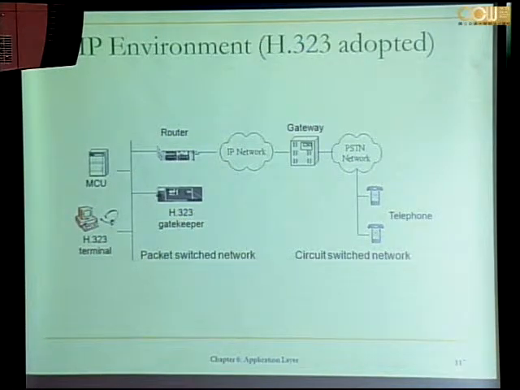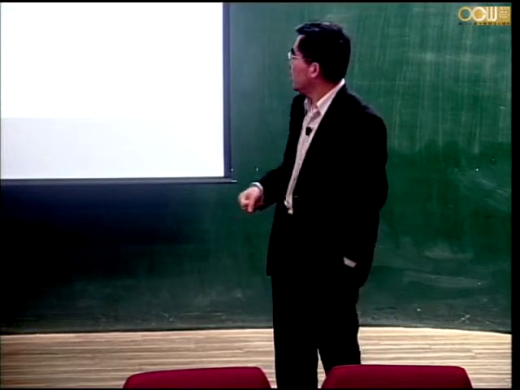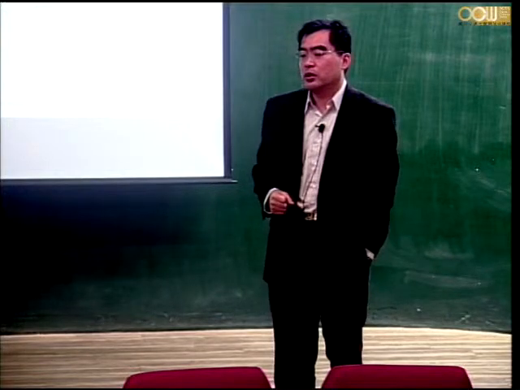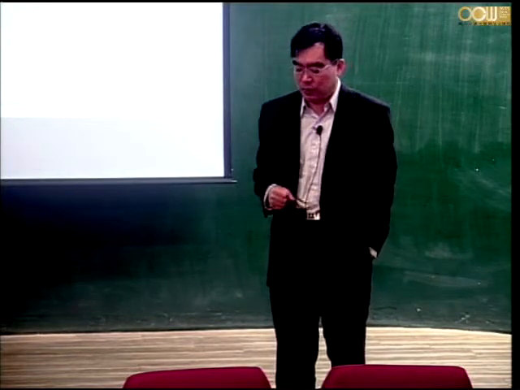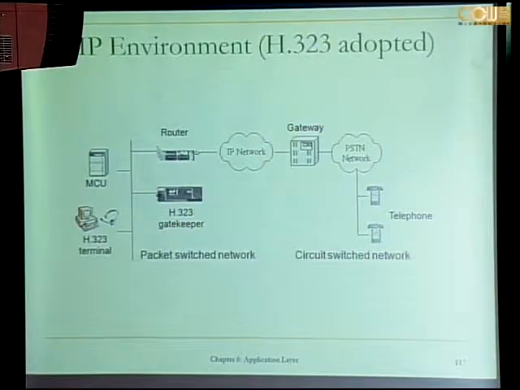The MCU, multi-point control unit, is to handle multi-party calls. If a call involves more than two parties, then you need a multi-point control unit so that you could have multi-party calls.